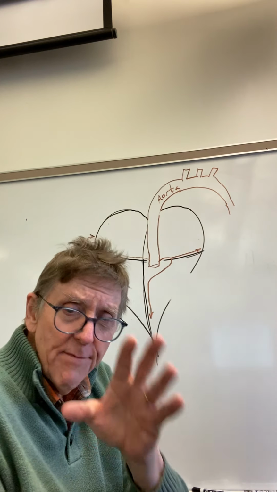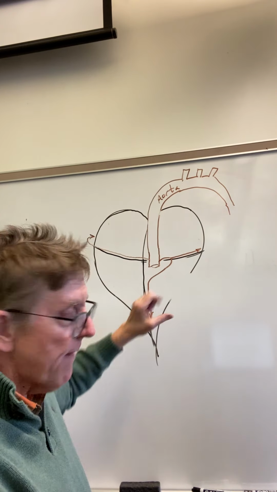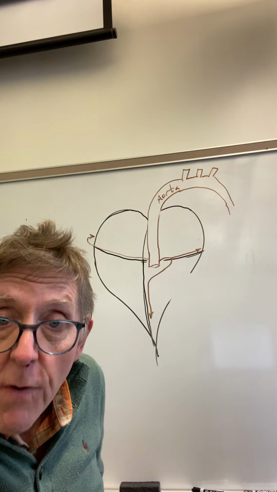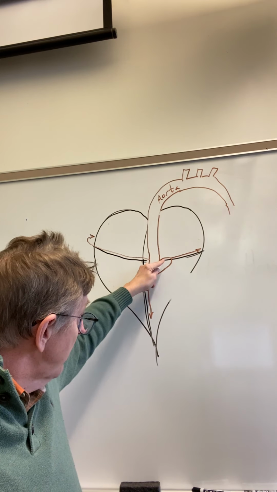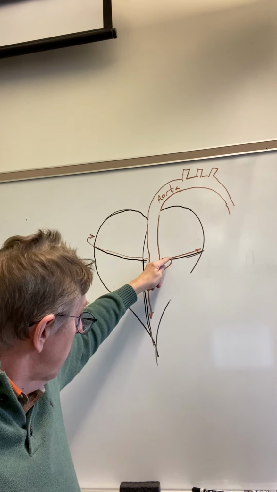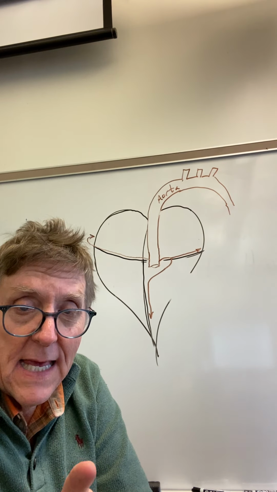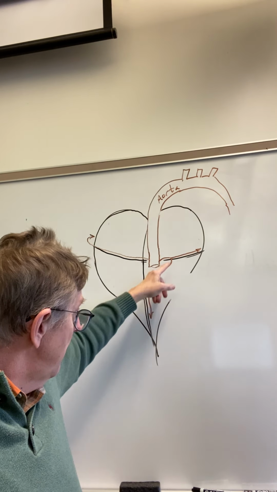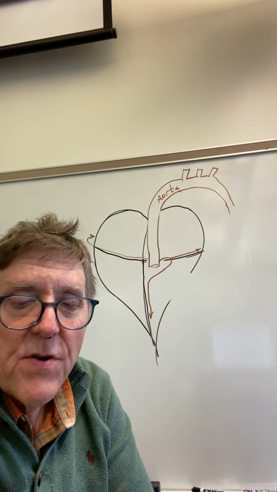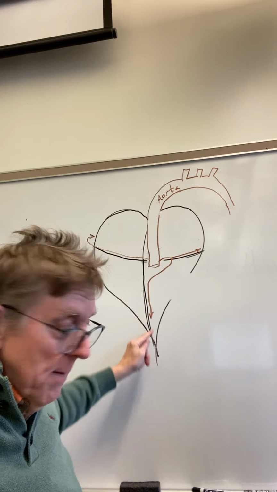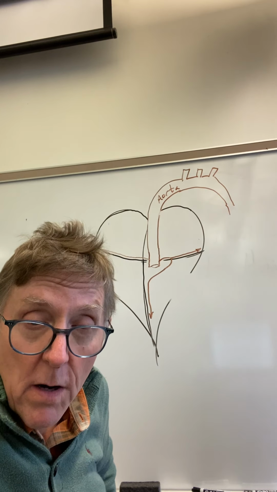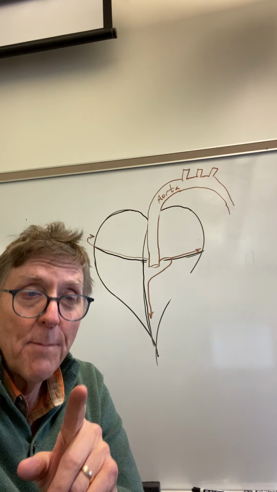Now, the left coronary artery is going to be providing blood to the front side of the heart. And so the left coronary artery branches very rapidly into the anterior interventricular artery, and that's going to go down the middle of the heart on the front side.